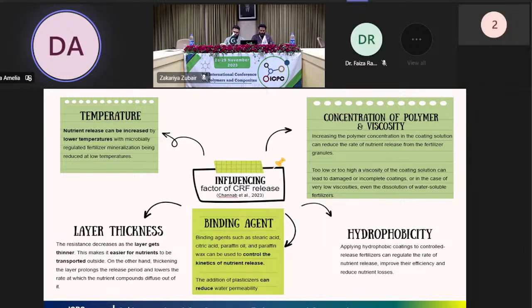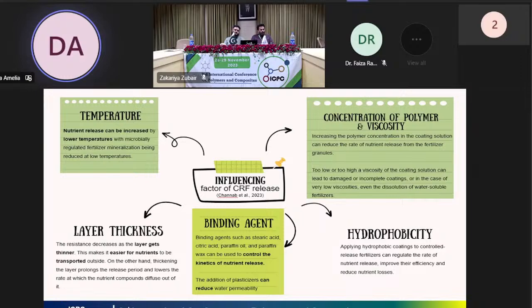This is because the higher polymer concentration results in a thicker and less porous coating layer that slows the diffusion of water and nutrients from the granule. However, if the viscosity of the coating solution is too low or too high, it can result in incomplete or damaged coating, or even dissolution of the water-soluble fertilizer in the case of very low viscosity.